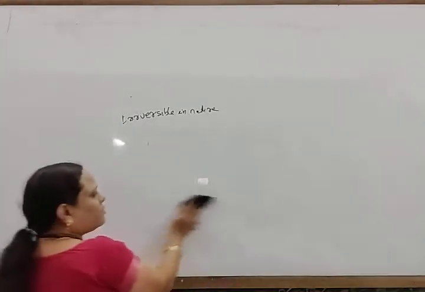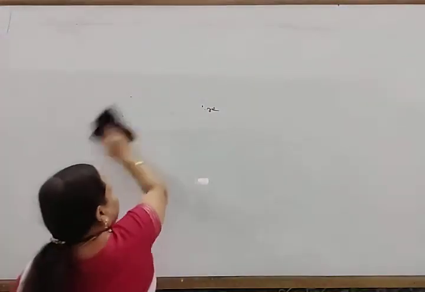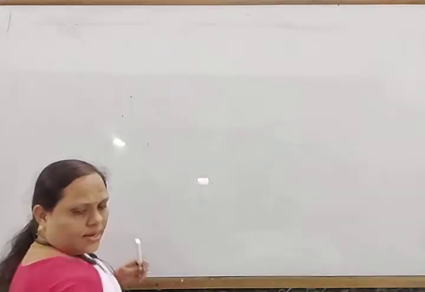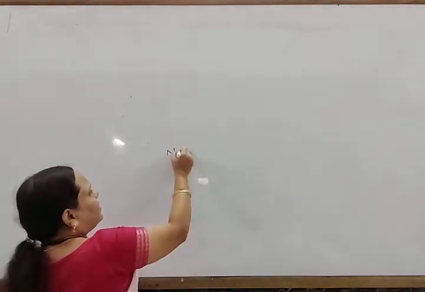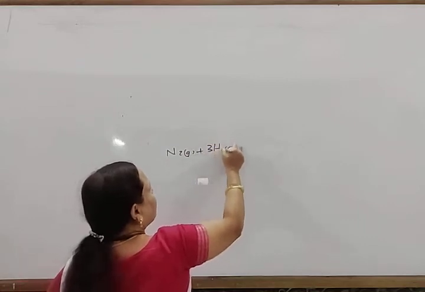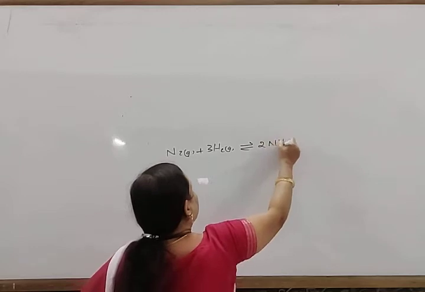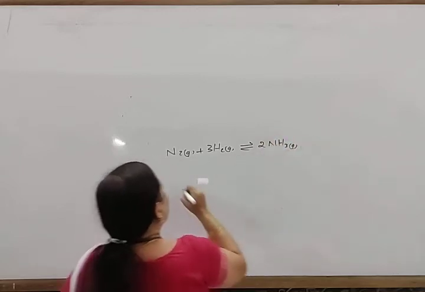Look here at some examples. These are known as reversible reactions. For example, nitrogen gas and hydrogen gas give rise to 2NH3 gas.